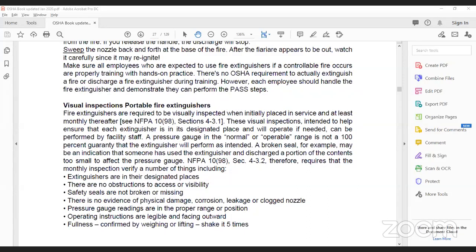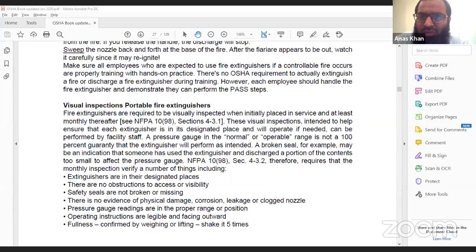We can check for gauge damage, corrosion, leakage, dents on the fire extinguisher cylinder, and even check who did the last inspection before, because anywhere you go, there is a card written with the inspection dates, so you can see exactly that. And what does it mean, the fullness confirmed by weighing or lifting and shake 5 times?